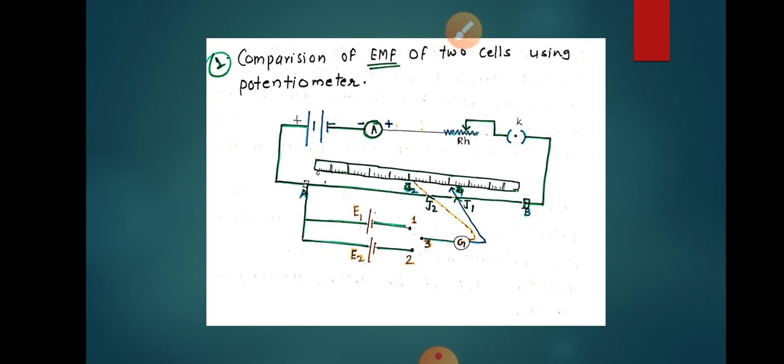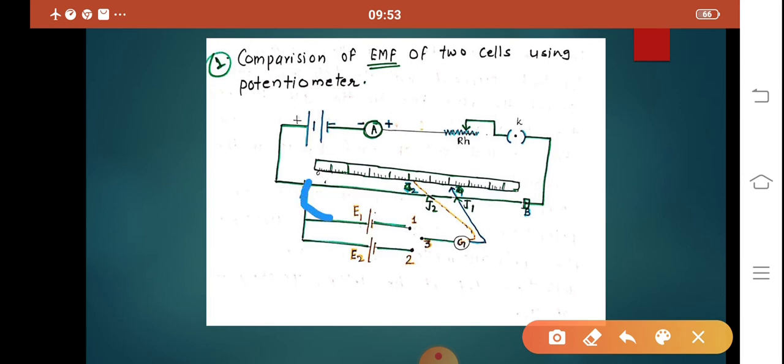Now when it shows zero deflection, AE1J1, this wire and this wire are in parallel.